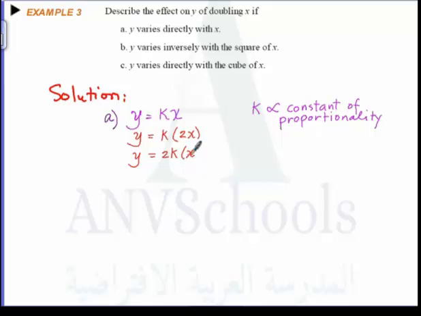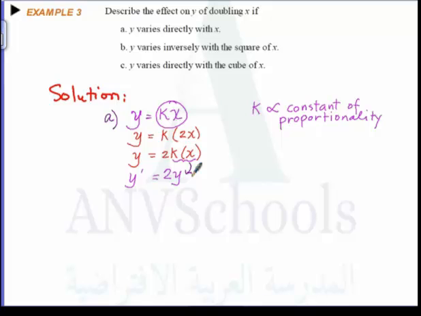Am I correct? So if we set this out as y prime, then that's equal to the original. Our original is kx, and that will give us 2 times our y, because kx is our y. So the effect of doubling x will be twice.